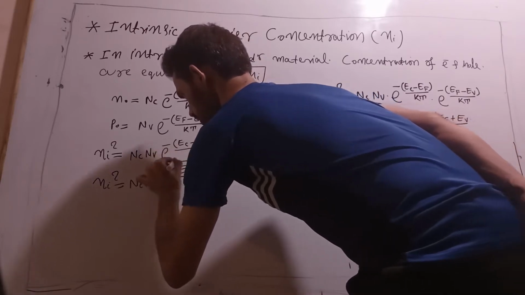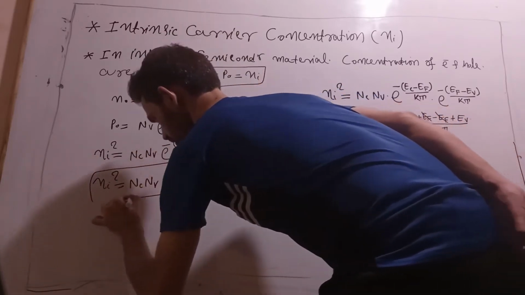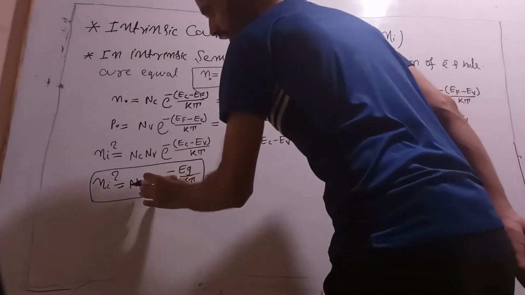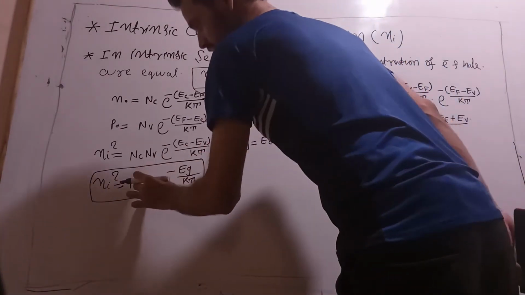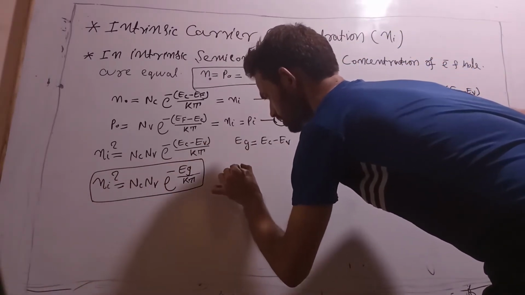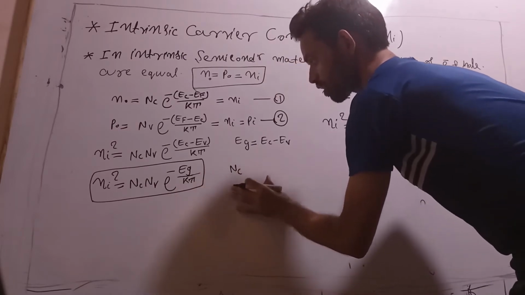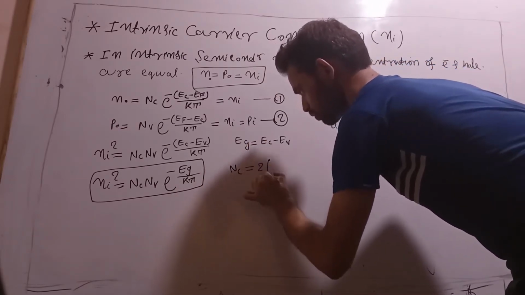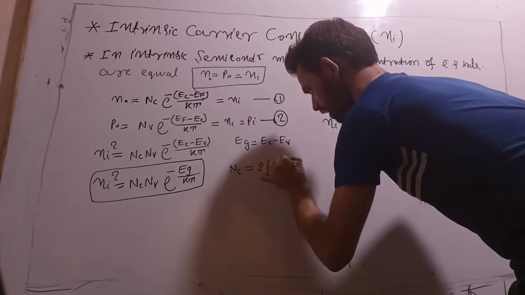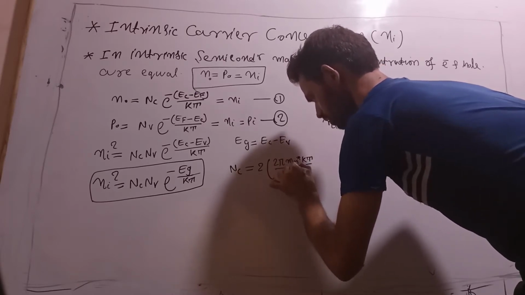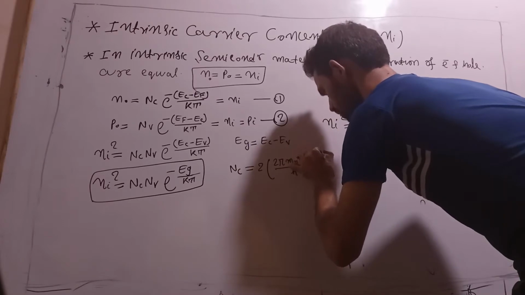Okay, so this is my intrinsic carrier concentration. If you see Nc and Nv, what are these? Nc is the density of state function in the conduction band, which is 2 into (2 pi mn star kT by h square) to the power 3 by 2.